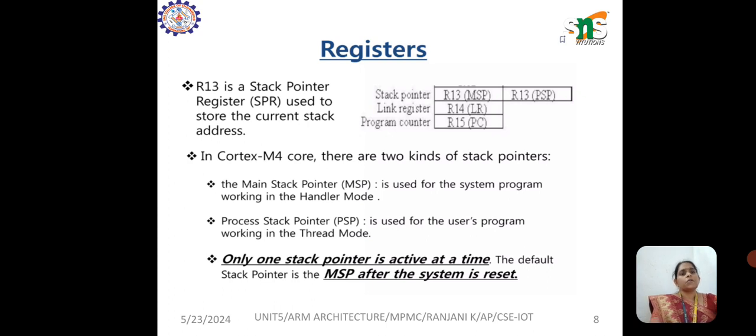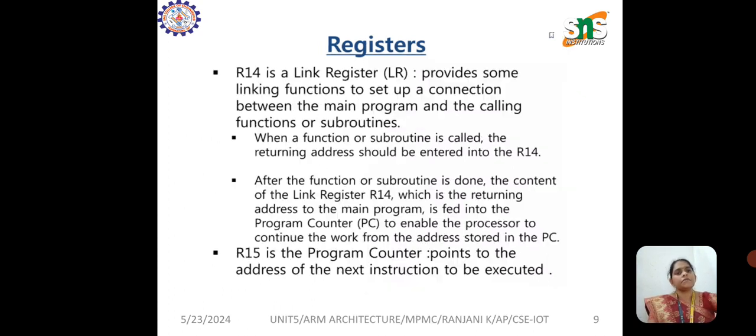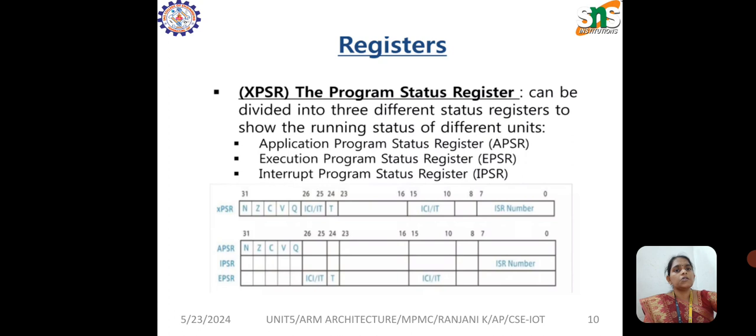Only one stack pointer is active at a time. And R14 is the link register, which provides a link to set up a connection between the main program and calling subroutines. And R15 is your program counter. This points to the address of the next instruction which has to be executed.